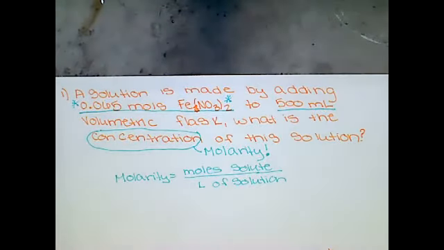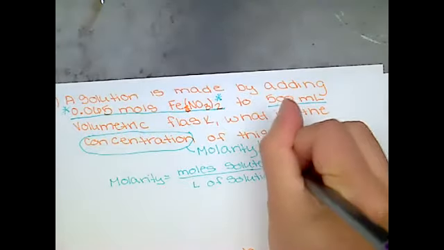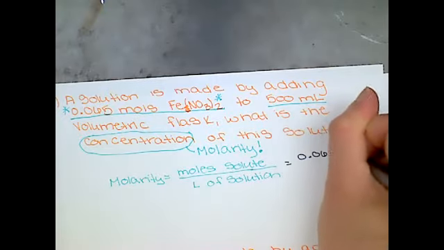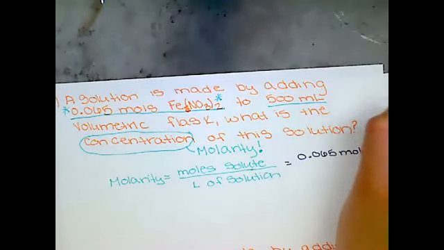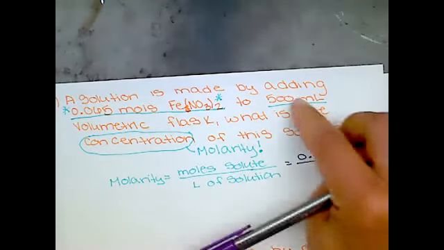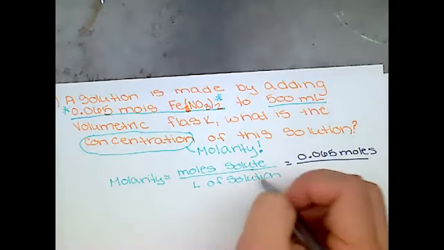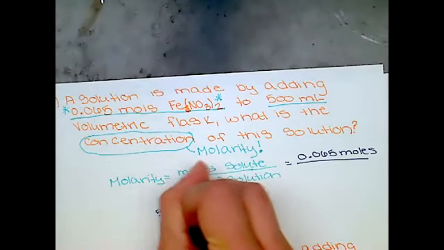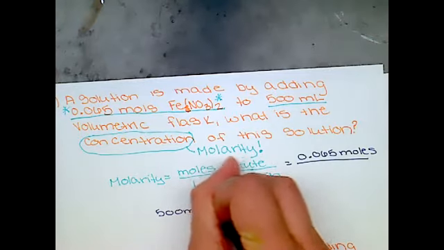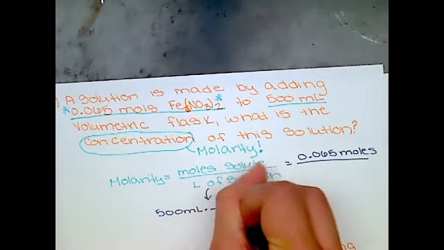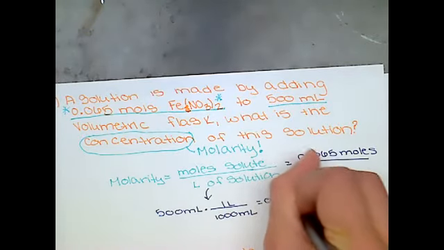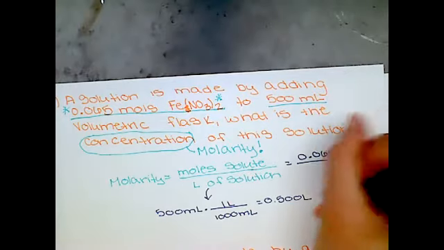So we know that we have 0.065 moles, and I'm going to put that on top, 0.065 moles of solute. And we have a 500 milliliter volumetric flask, which is going to be our liters of solution. What you want to remember for milliliters is that 1,000 milliliters are in 1 liter. So this is really 0.500 liters. So that's what we need to put on the bottom.